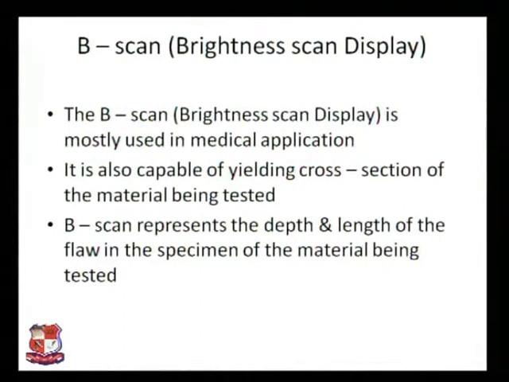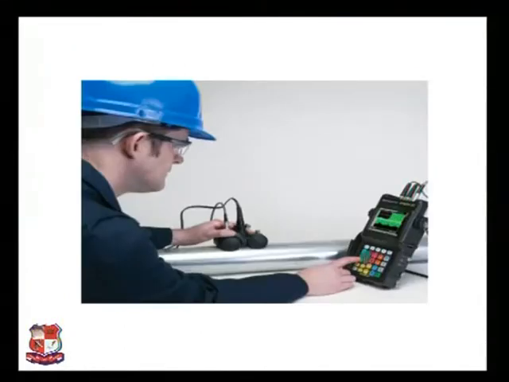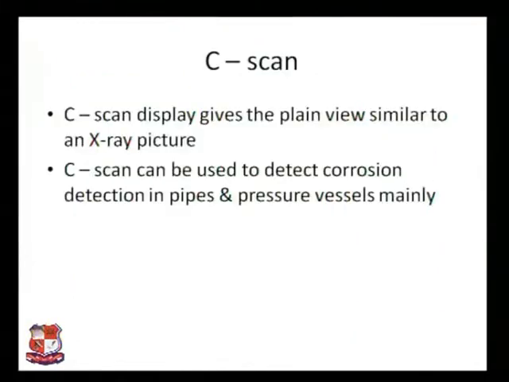Let us see one picture of a B scan where a probe is in a person's hand, and he is observing it on a screen and calculating the defect. You can see that probe in his hand.